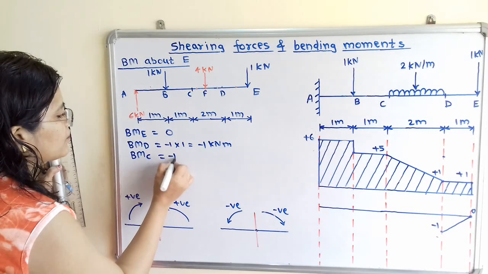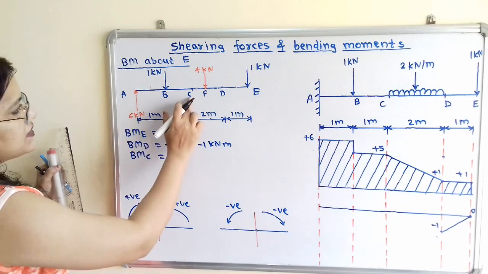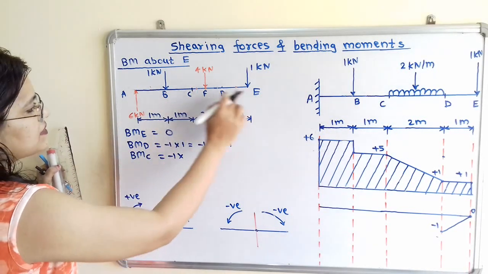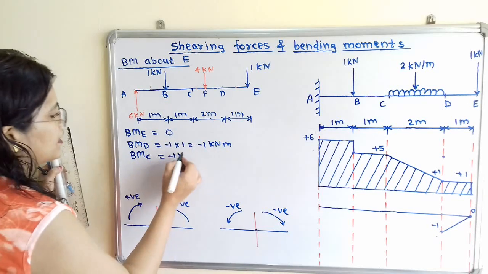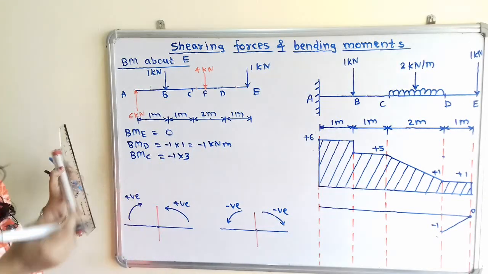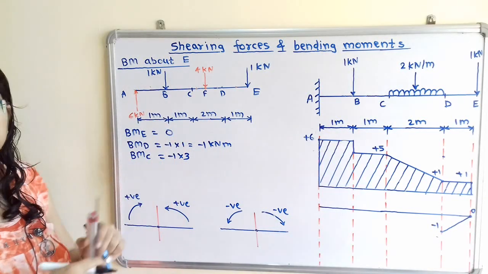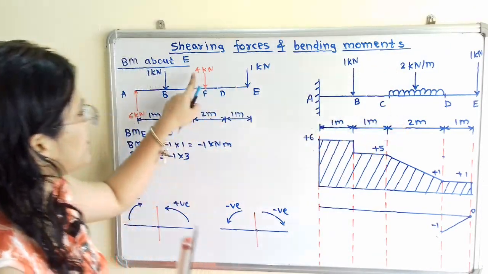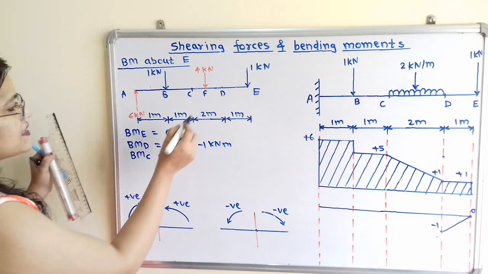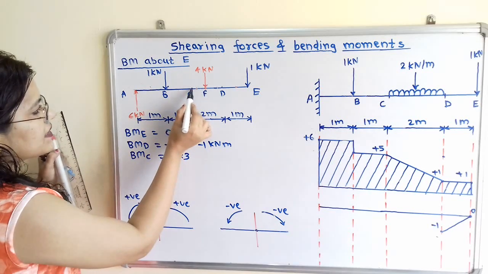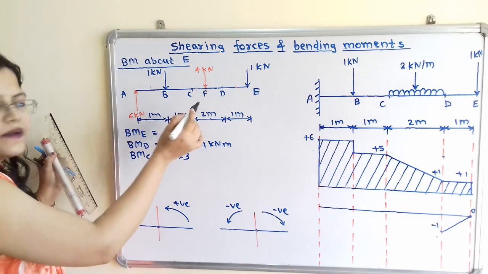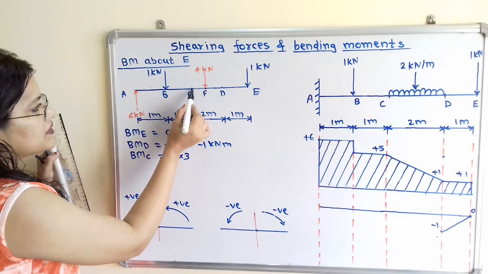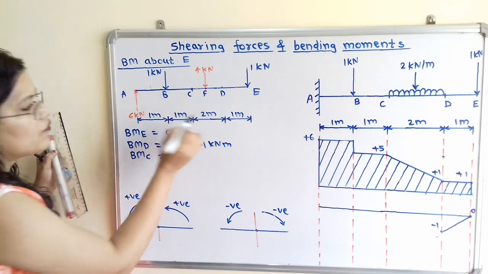So -1 multiplied by distance from this C. The distance is equal to 2 plus 1, that is 3. Then there is another force which is uniformly distributed load, and its total load is 2 multiplied by 2, that is 4. And the distance from this C, this is the middle point. So the distance from C to F is equal to 1.